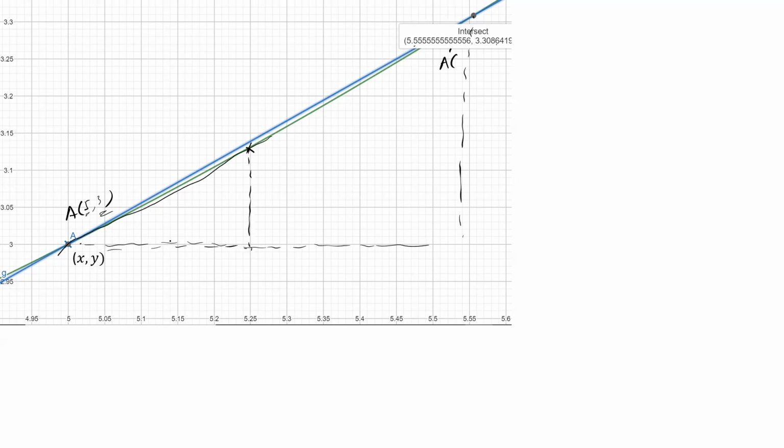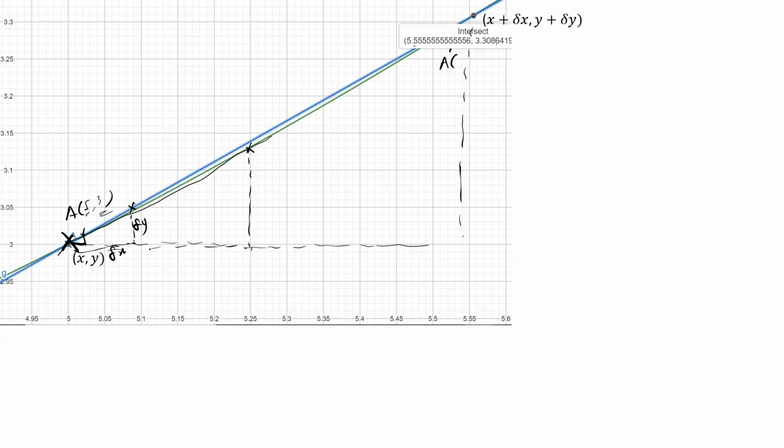But your x is getting smaller and smaller. So I take another 2 points, even nearer, and I will have the small y over the small x. But not enough. We want it to be as close as possible. But I cannot put A prime equal to A, because then you have 3 minus 3 over 5 minus 5. So it's impossible, right? This is where the idea of limit comes in.